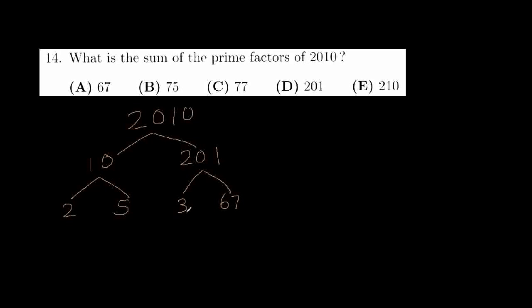You can verify by multiplying 3 times 67, that gives us 201. And those 2, 5, 3, 67 are all prime factors, and if we add them together, that gives you an answer of 77, which is C.